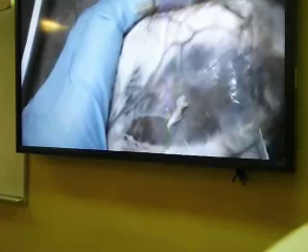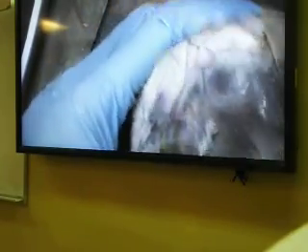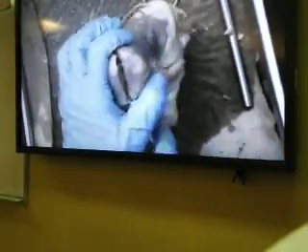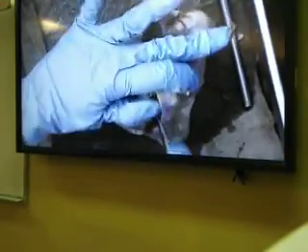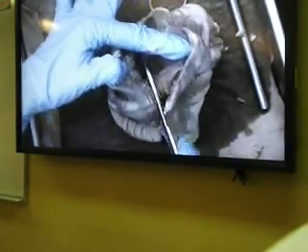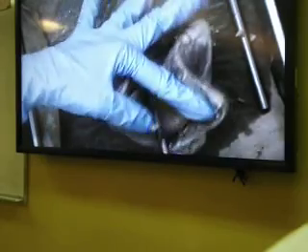Now once you've done that, it is time to completely separate the heart. And this time you will use a scalpel. And what am I doing actually now?